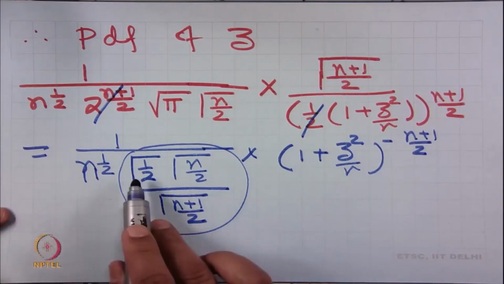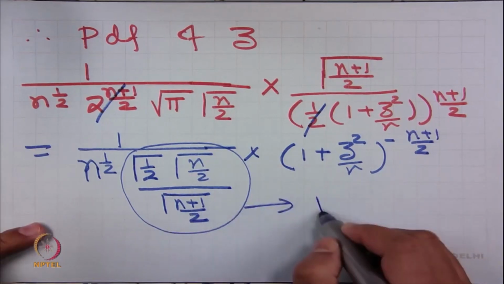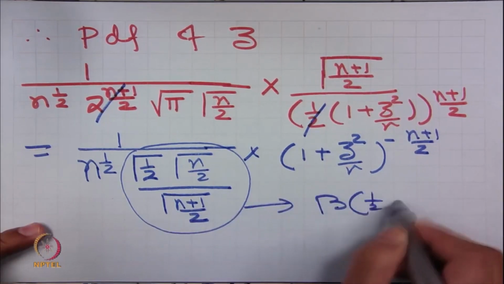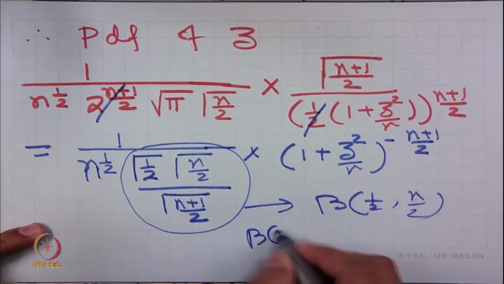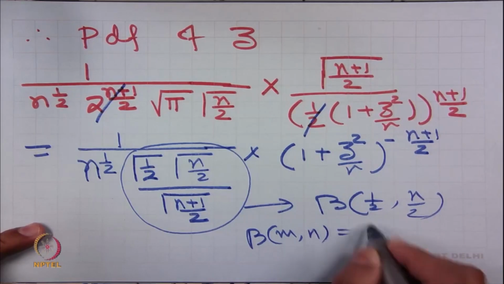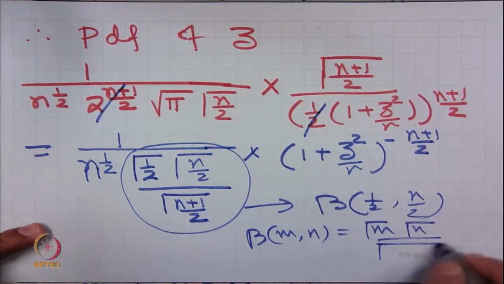is gamma half gamma n by 2 upon gamma (n plus 1) by 2, which actually follows beta half comma n by 2, because we know that beta m comma n is equal to gamma m gamma n upon gamma (m plus n).